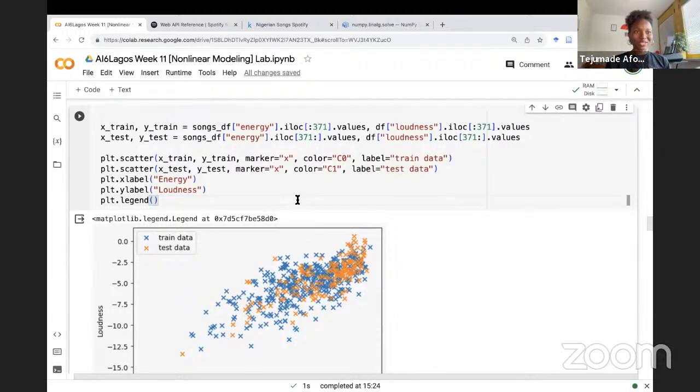There's no randomization going on. You can only do it once, and that's it. But if you want to be able to do it multiple times, then maybe you don't pick the first 371. Maybe you want to randomly select this point. So you don't get to examine the data properly for validation. So you just took a subset.